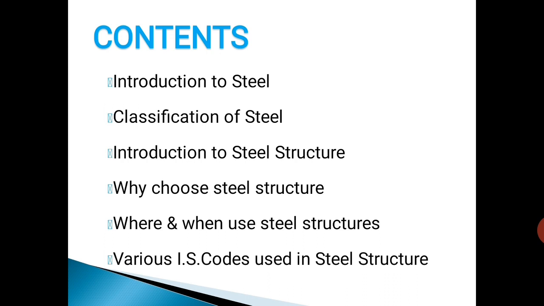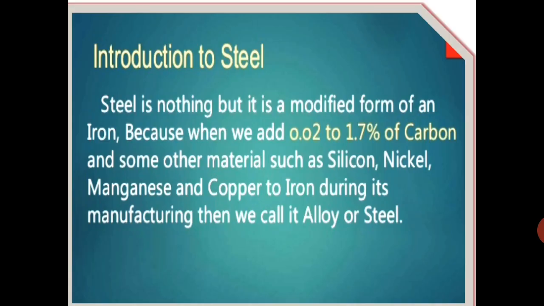So first of all, we will see the contents: introduction to steel, classification of steel, introduction to steel structure, why choose steel structure, where and when to use steel structure, and various IS codes used in steel structure. So first point, we will see the introduction to steel.